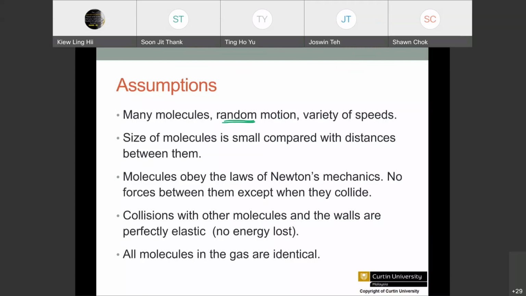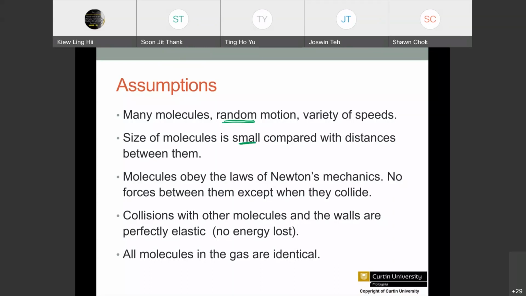They are moving randomly, freely inside. And the size of the molecule is very small as compared to the distances between them. So this also means the size of the molecule is very small as compared to the volume occupied by the ideal gas.